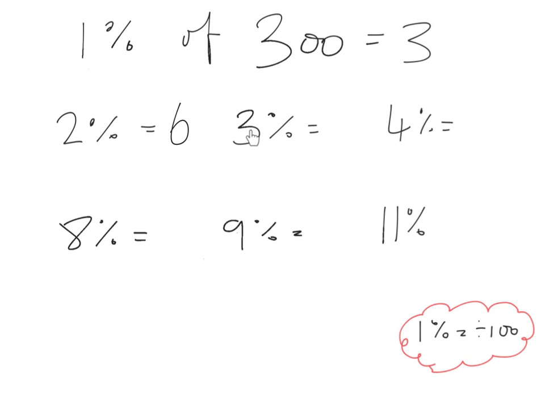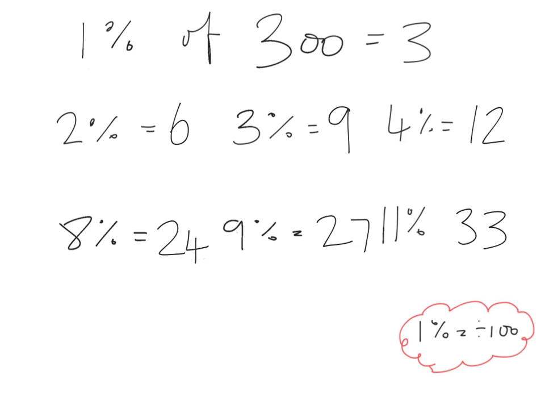I'd multiply the 1% of 300 being 3 by 3 to make 3%, which would be 9. 4% would be 12, 4 times 3. 8% would be 24, because 8 times 3, which is the 1%, is 24. And 9% would be 27. And 11% would be 33. And as you go along, you can start to see that the 3 times tables is in there.